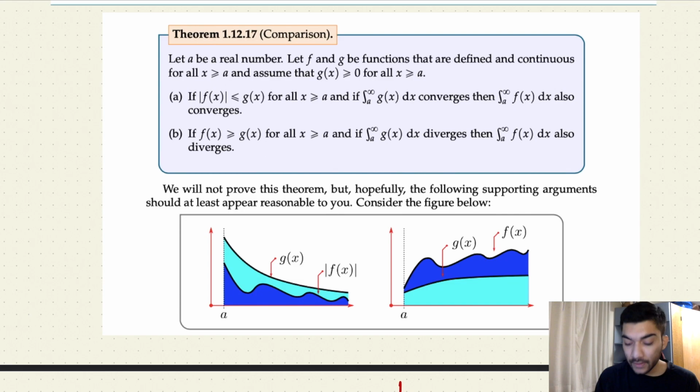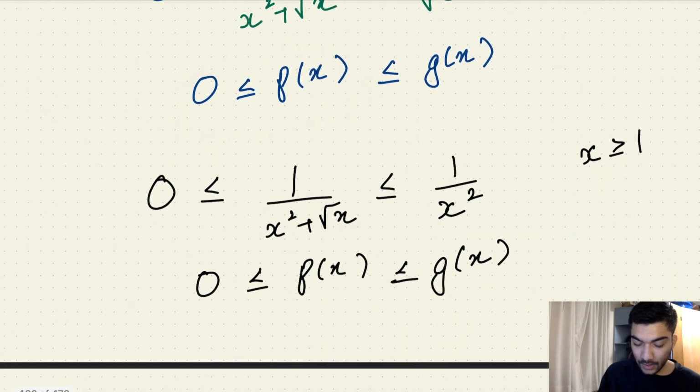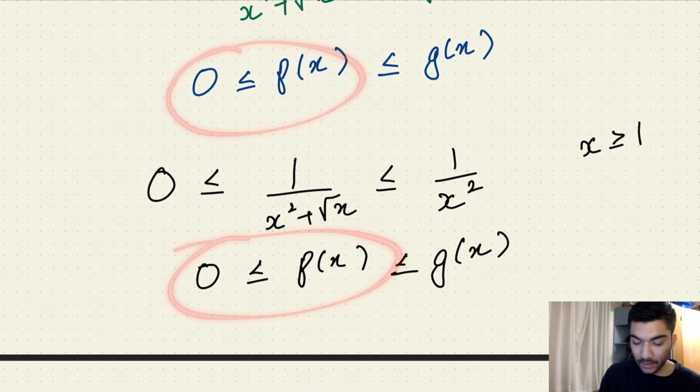Since we know that our f of x is always greater than or equal to 0, it doesn't matter if we take the absolute value of f of x or just f of x in this case, because of these two inequalities over here. You know that your f of x is always greater than or equal to 0.